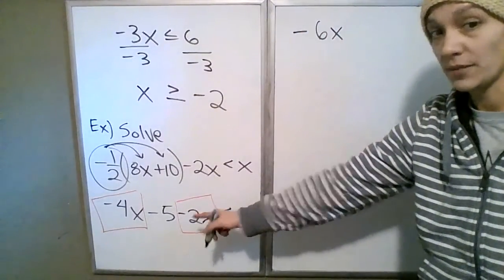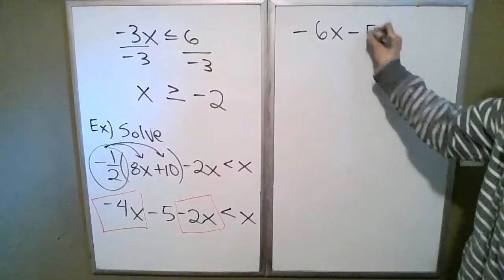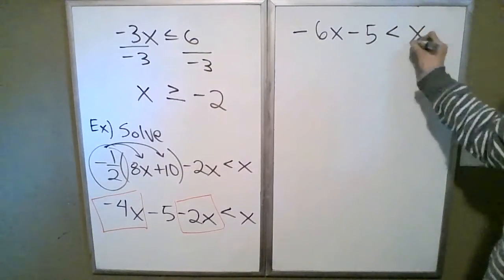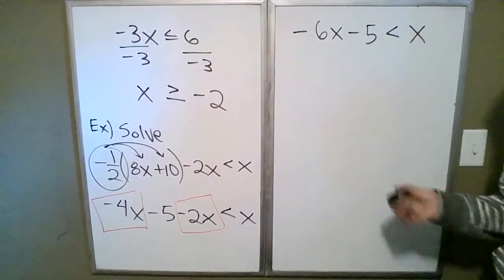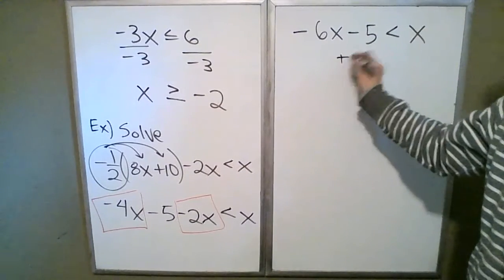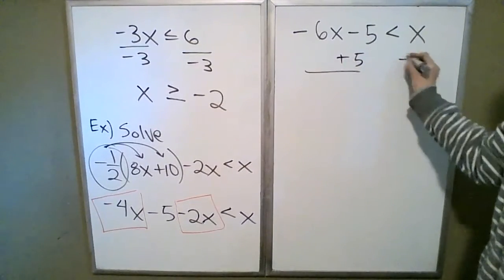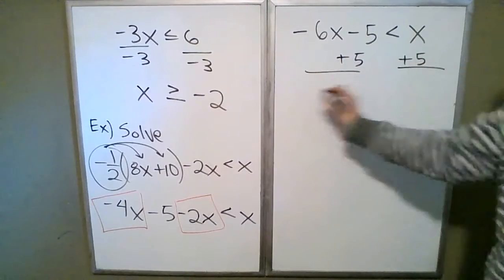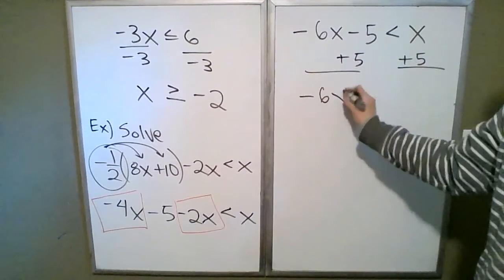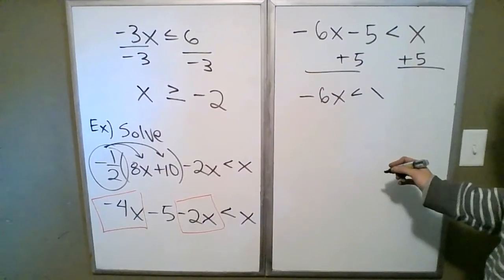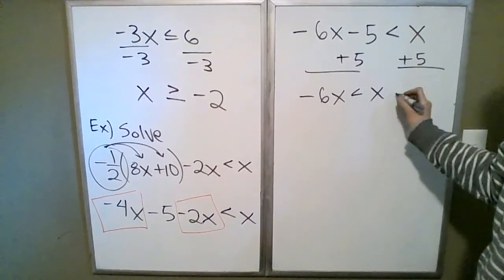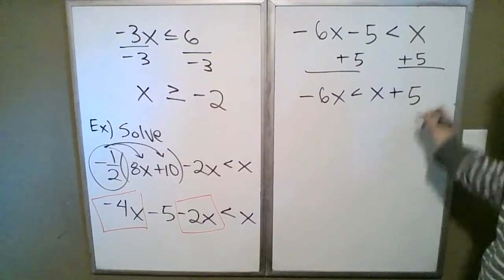There's also -5 on this side. This is less than x. I could add 5 to both sides, and -6x is less than x plus 5.